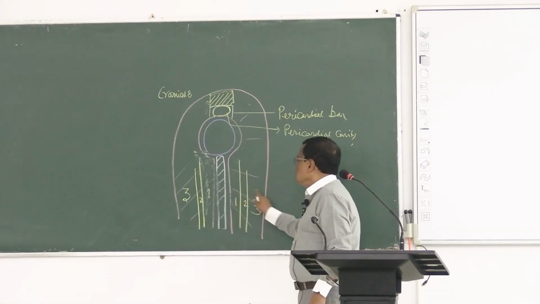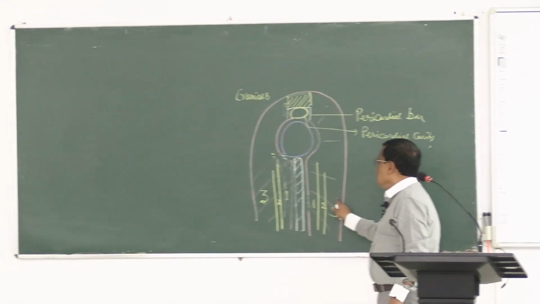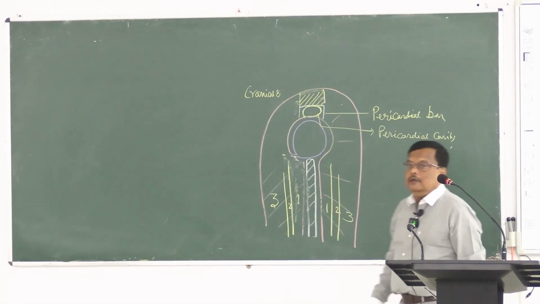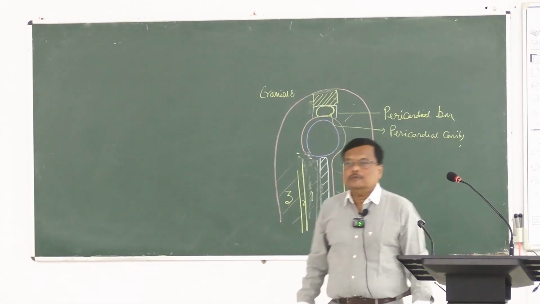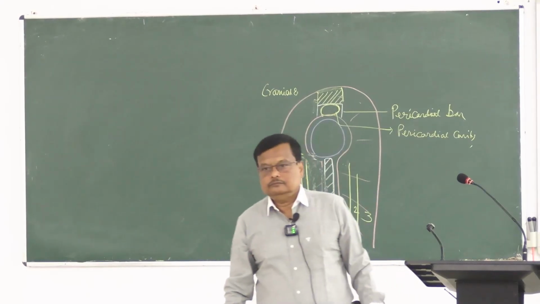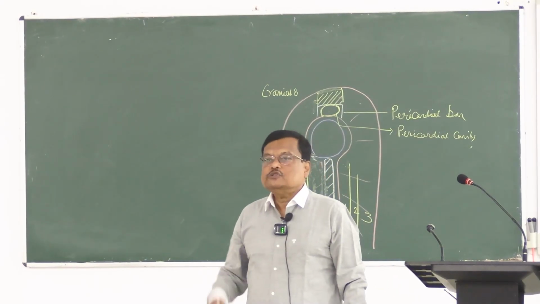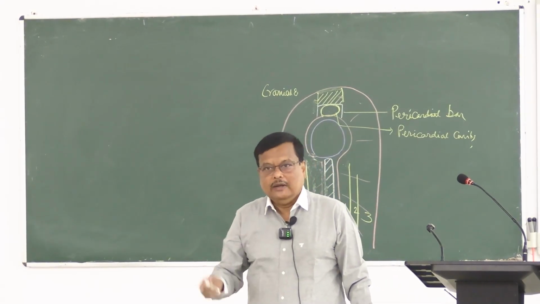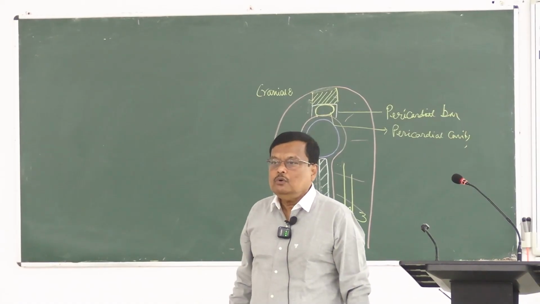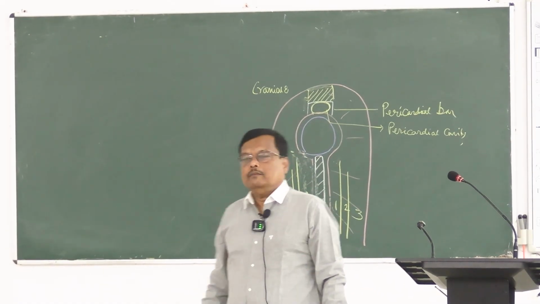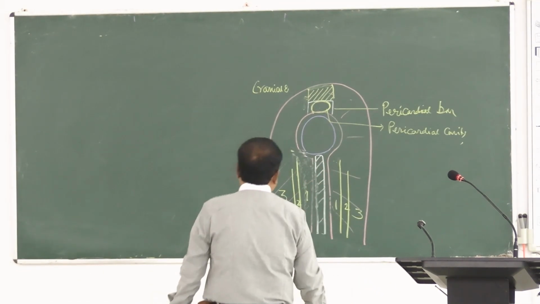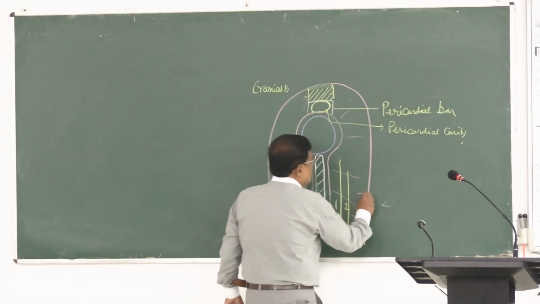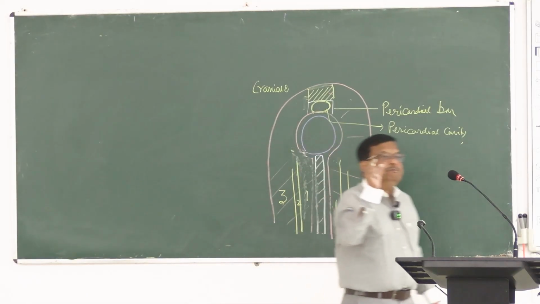Two, in between these two areas, between 1 and 3, the intermediate intraembryonic mesoderm, intermediate mesoderm, because it lies intermediate, in between. Number 2 is the intermediate mesoderm. And number 3, which lies most laterally, we call lateral plate mesoderm.